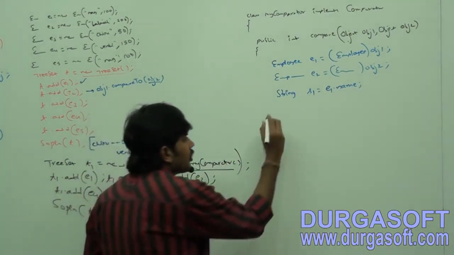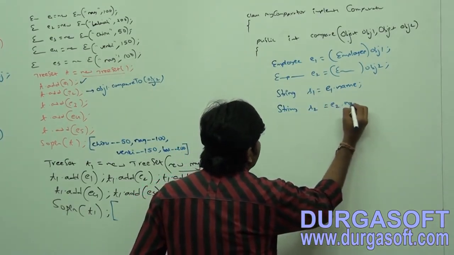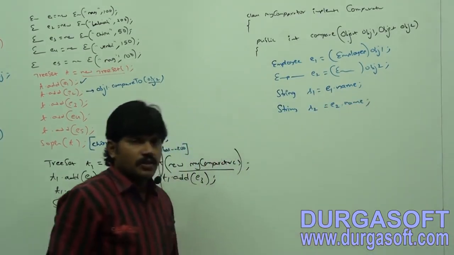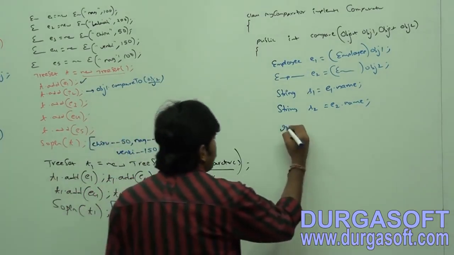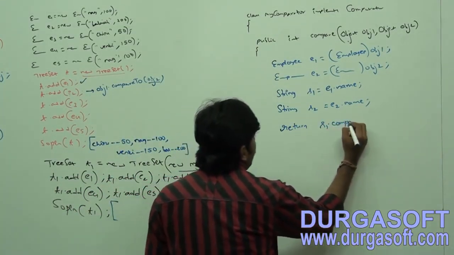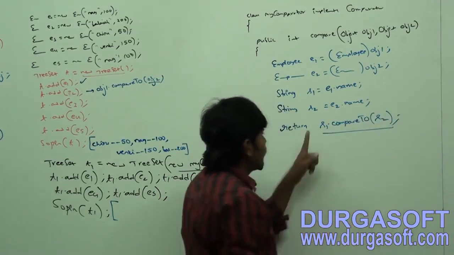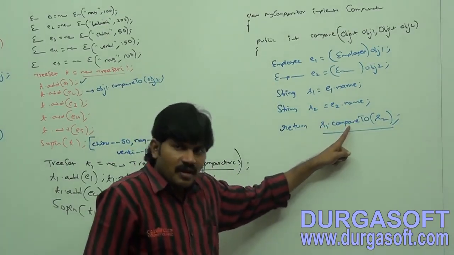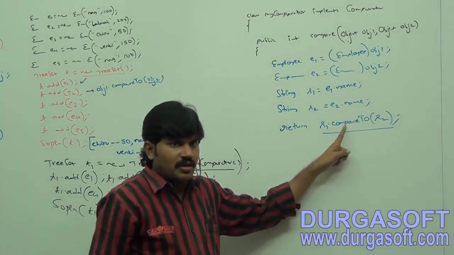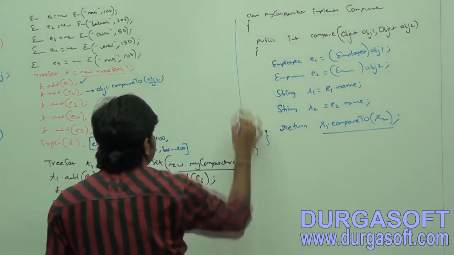String s2 is equal to e2.name. Return s1.compareTo(s2), because in the String class the compareTo method is already implemented for natural alphabetical order.